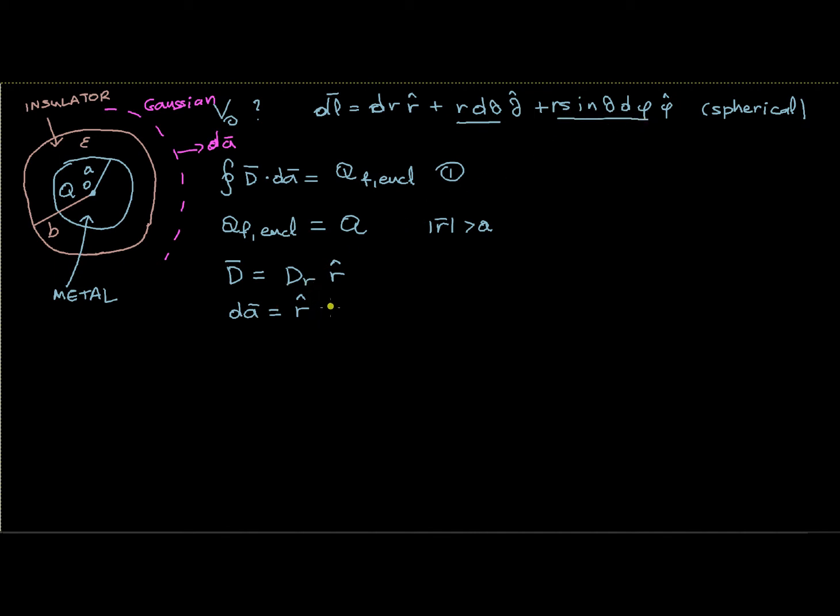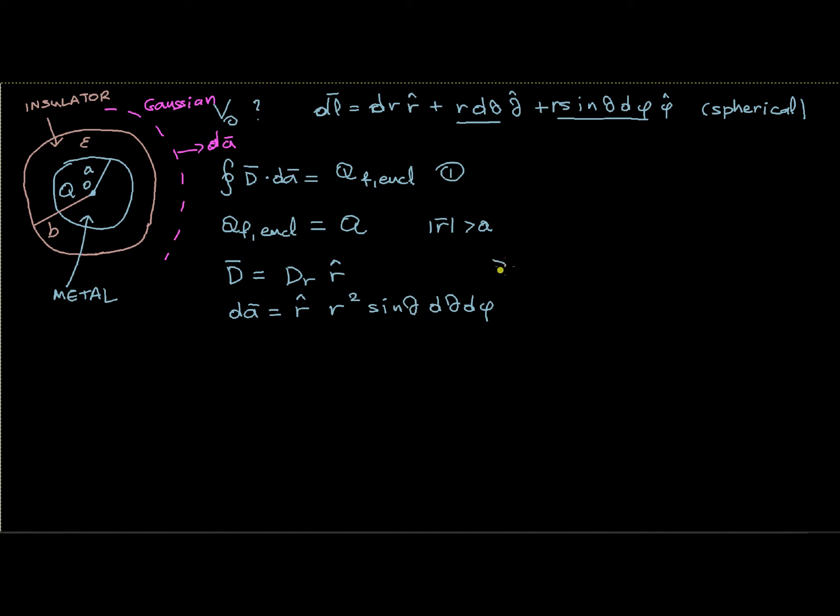So I will have r squared times sine theta d theta d phi, and the direction is the r hat direction.